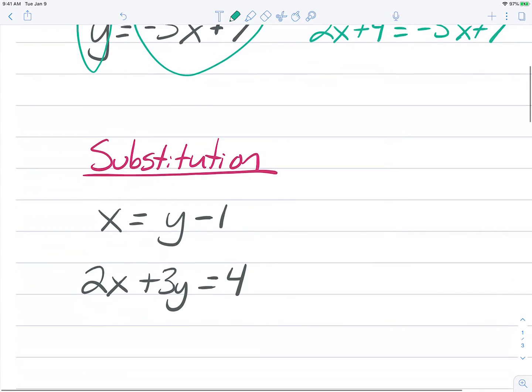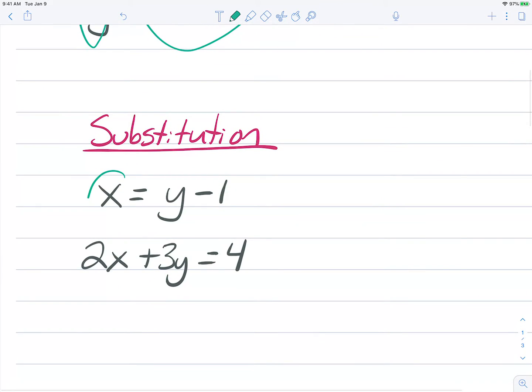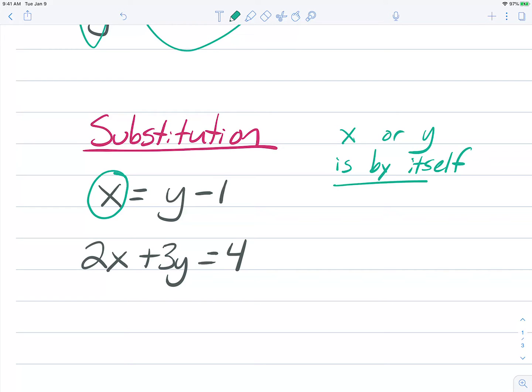You're going to use substitution if you notice that one of the variables is by itself. So x or y is by itself. If it's by itself, what that means is you can plug the other side in for the other variable. So for instance, x is the same as y minus 1, which means they are interchangeable. They're the same thing.